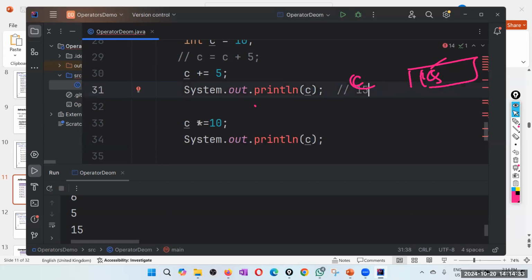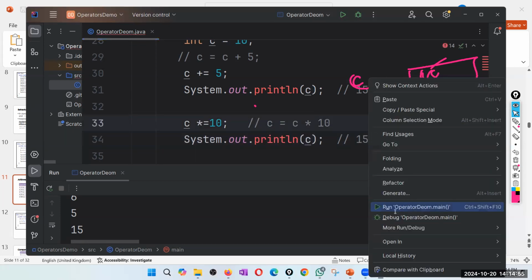So this means C equals C into 10. So this is same as C equals C into 10. So currently C is 15. When C is multiplied by 10 and assigned to C, new C is 150. So this output is going to be 150. Okay.